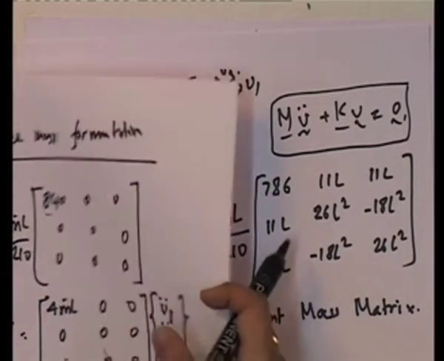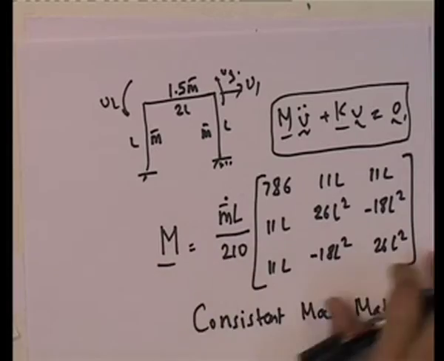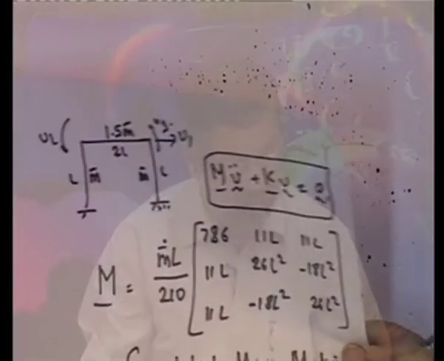Now, why do we do this? Why are we so interested in the lumped mass matrix? The reason is that it gives us the following.